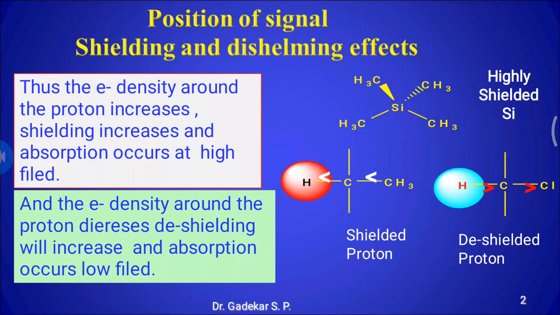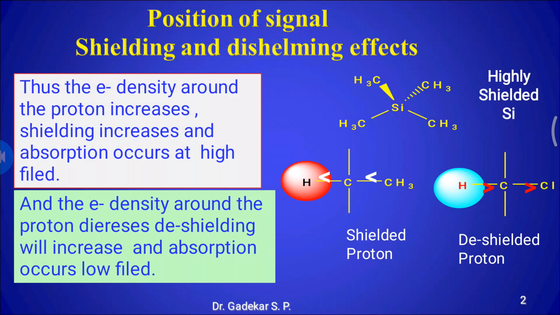Here the example is tetramethylsilane. The tetramethylsilane peak occurs at high field because it is highly shielded by the presence of 4 methyl groups. These 12 protons are shielded, and it becomes a high field.